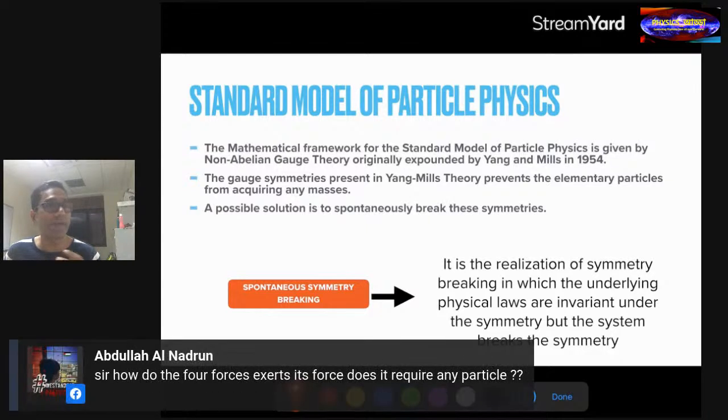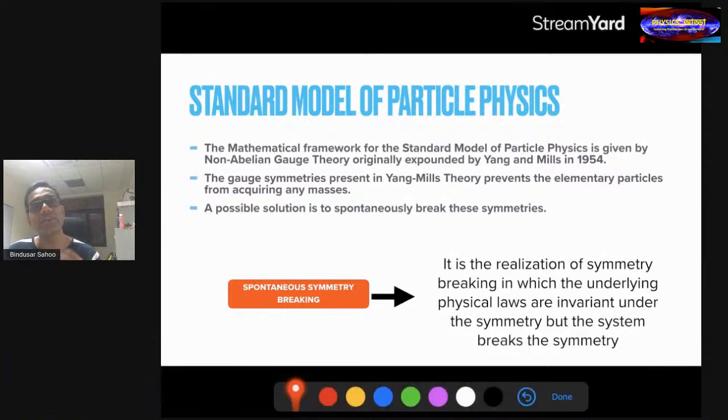But if I give you a configuration in which I have a constant electric field along the z direction, then this system breaks some symmetry. It breaks the rotational symmetry around the y-axis or along the x-axis. Although those rotational symmetries are symmetries of the original Maxwell's equations, the system breaks that symmetry. That is what is meant by spontaneous symmetry breaking.